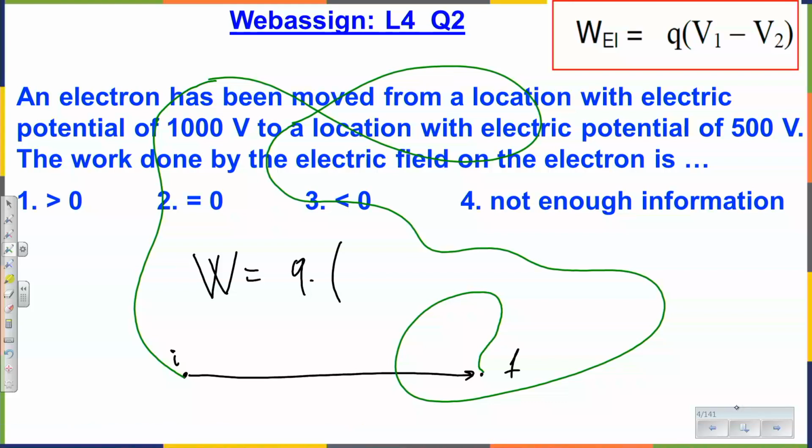And here the initial potential was 1,000 volts and the final potential 500 volts. So we need to write those numbers in the parentheses. This is not a 9, this is a Q, a charge.